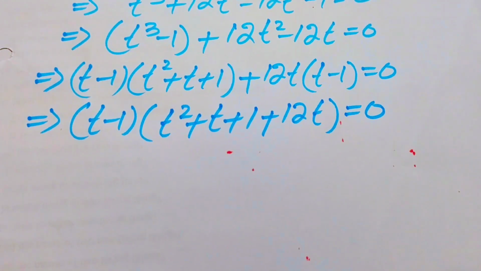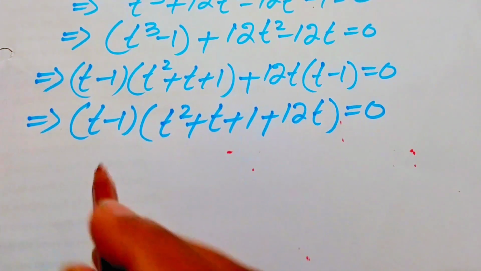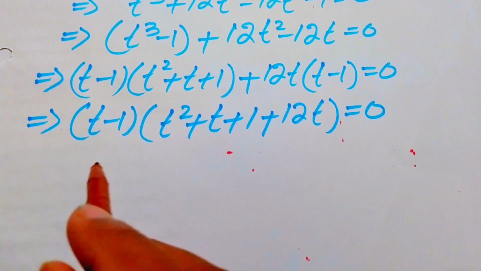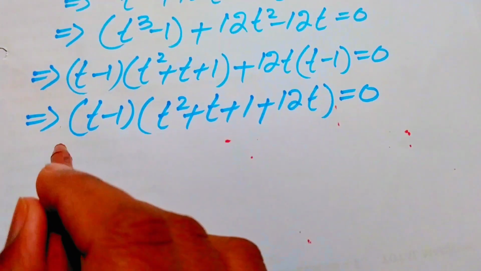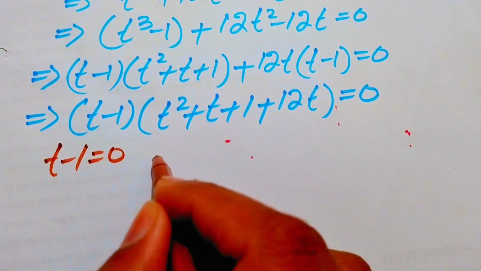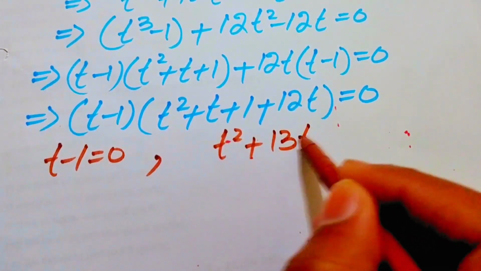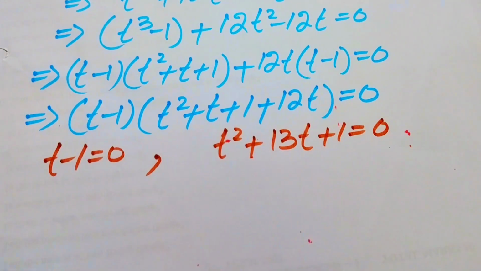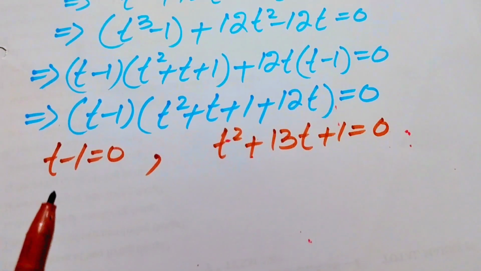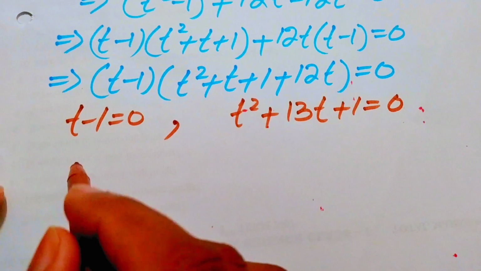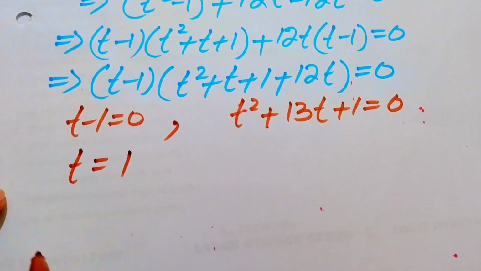And now we simplify the terms, and we convert this into two cases. Our first case is t minus 1 equals 0, and the second case is t square plus 13t plus 1 equals 0. So now in the first case you get the value of t equals 1.